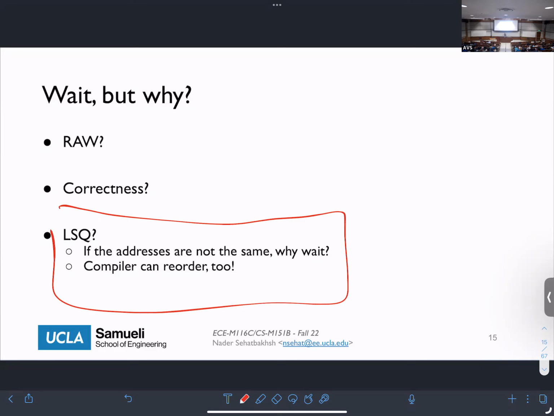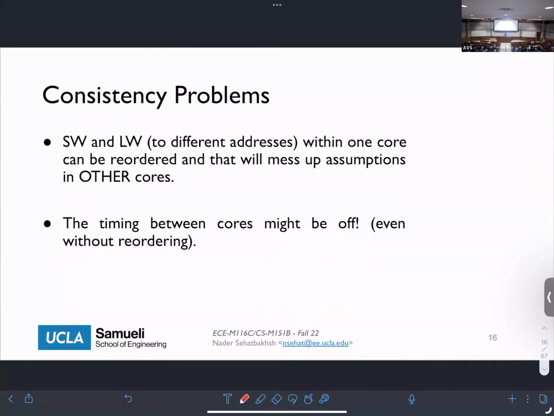All right. And not only that, when the compiler tries to write the binary, it might decide to reorder things, and that could create lots of headaches for us. Okay. So the consistency problem, if I want to give you a more concrete definition, is a twofold problem.